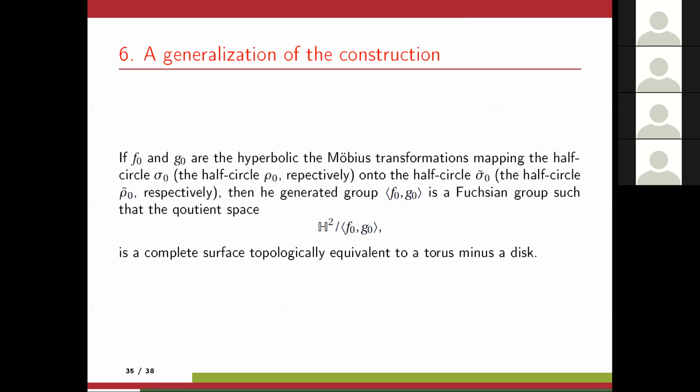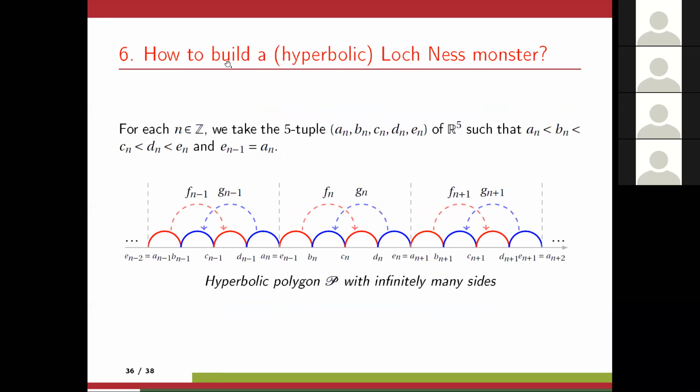Now the second step is, you take your first 5-tuple and put the 5-tuples together suitably. So for each n in the integers, you take a 5-tuple an, bn, cn, dn, en of the 5-dimensional real space, so that it satisfies this condition and satisfies that e_{n-1} is equal to an. You need this other condition.